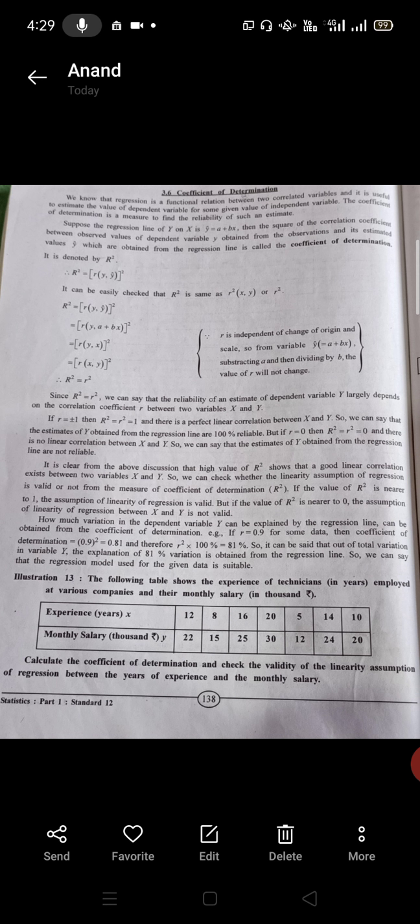So we know that regression is the functional relation between two correlated variables, and it is useful to estimate the dependent variable when the value of the independent variable is given. It means that linear regression is helpful to find the value of y when x is given.